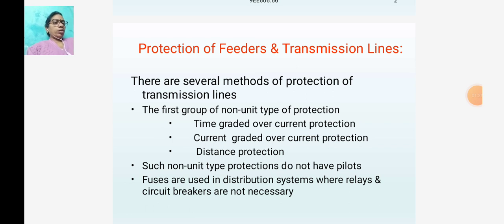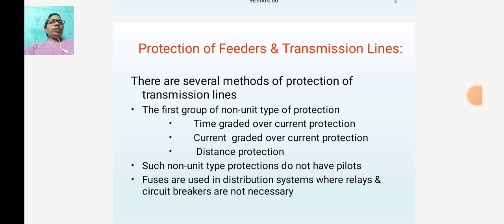The schemes employed for protection of transformers, alternators and bus bars can also be used for protection of transmission lines and feeders with slight modification. The modifications are required to cope with the protection problems arising out of the greater length of lines.